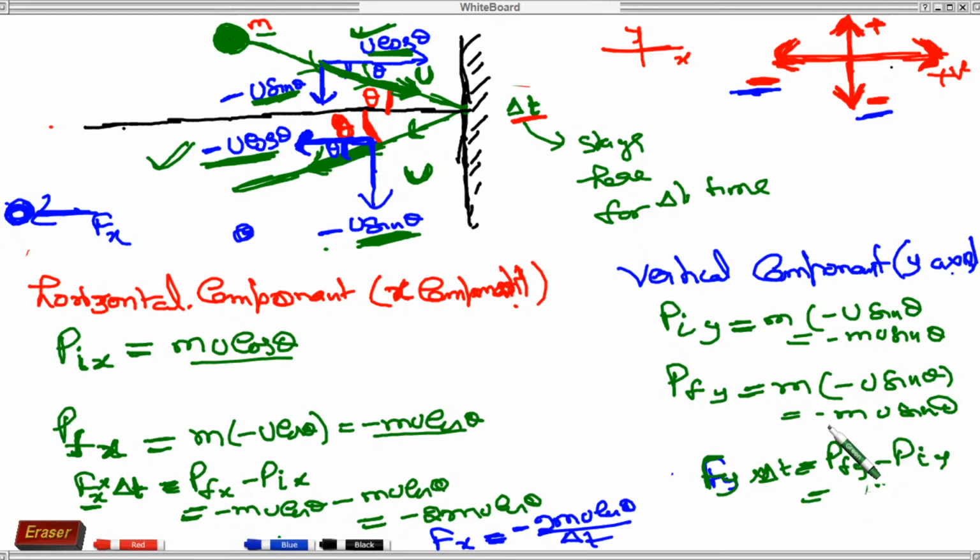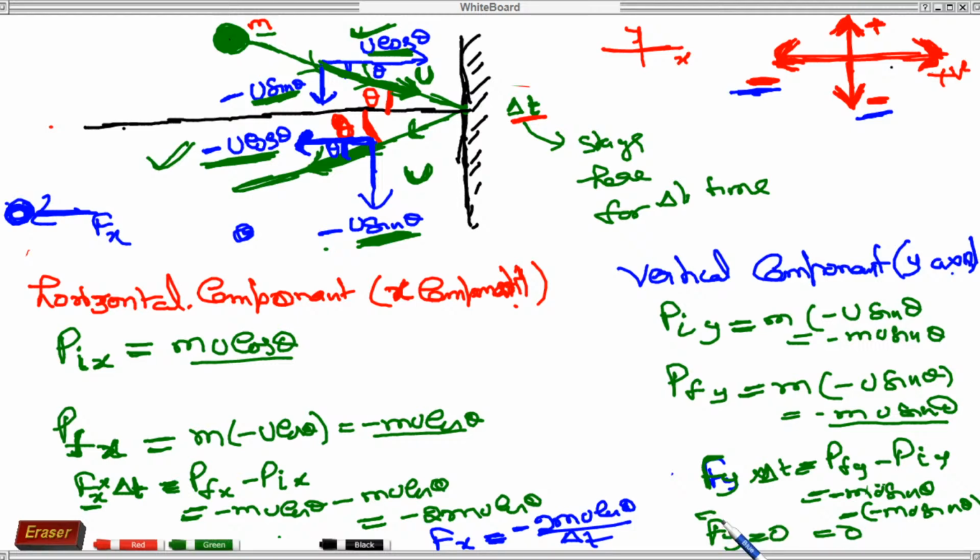What is Pfy? Minus mu sin theta minus, and again minus mu sin theta. So this will come out 0. You can see this minus sign becomes plus, and minus plus becomes 0. So our Fy is equal to 0.